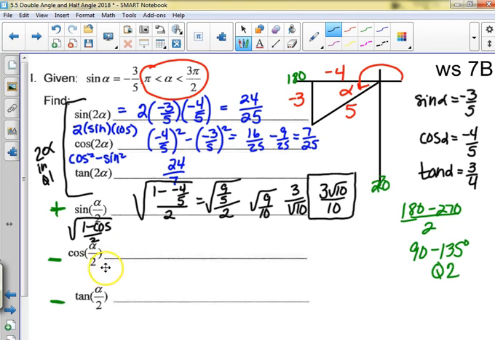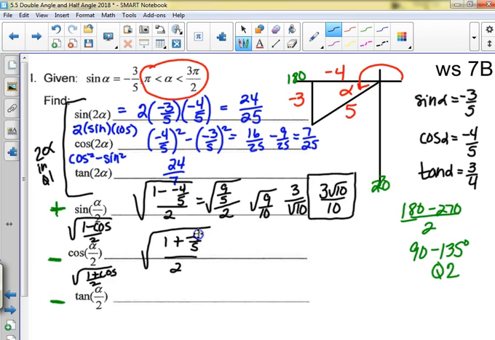Okay. What about cosine? The formula is the same, except it's 1 plus cosine over 2. So it's going to be 1 plus negative 4/5 over 2. Was negative still, right?